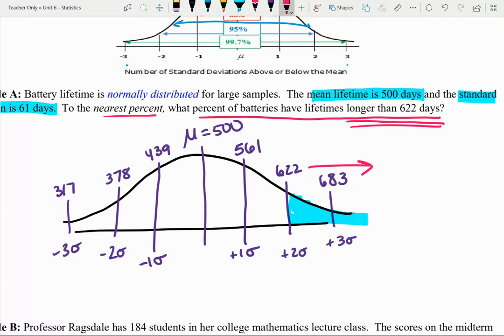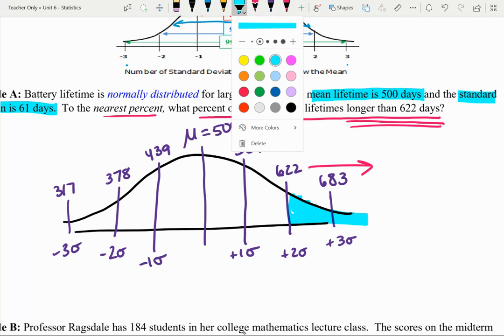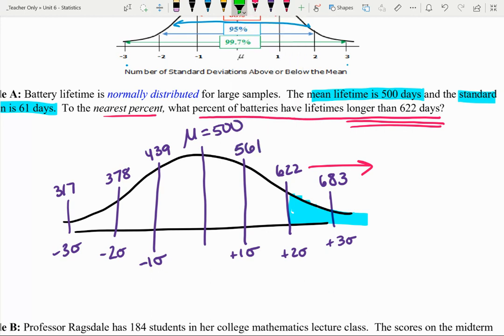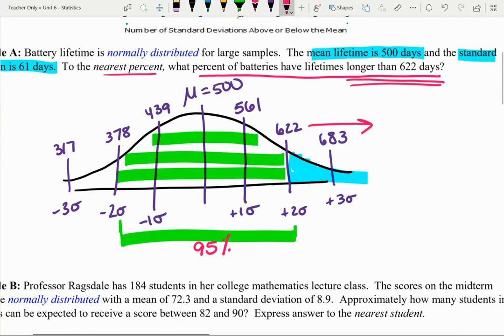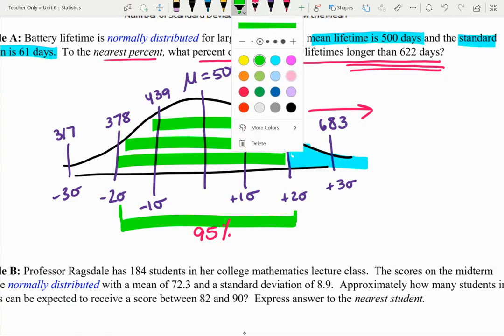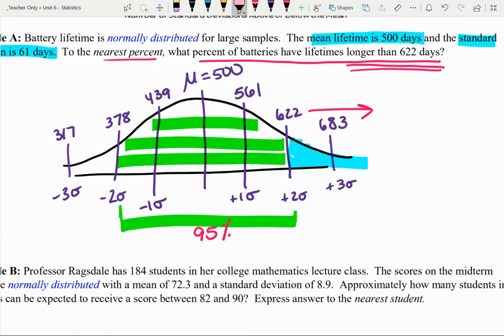From my empirical rule, everything within two standard deviations, which I'm highlighting in green, is going to be 95% of the data, which means that everything on the outside, which I'm going to highlight in pink, is going to combine to make 5%.